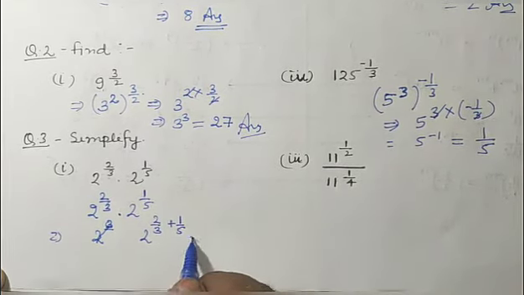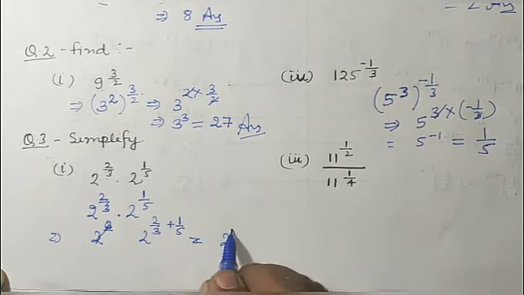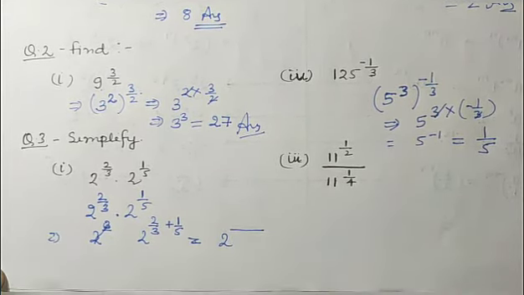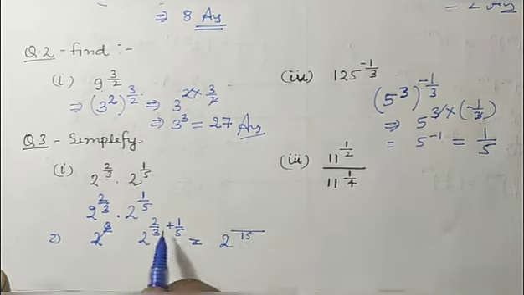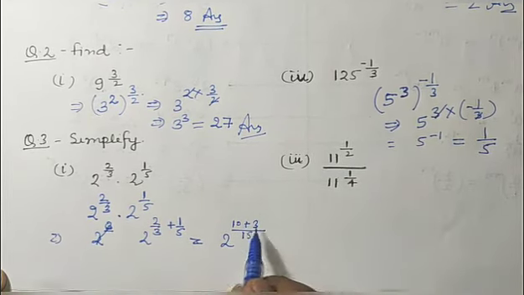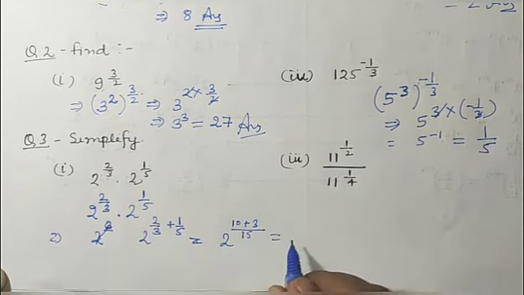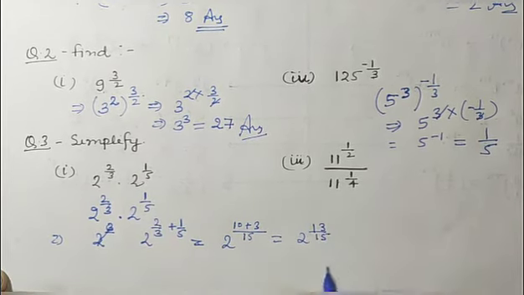You will solve it by taking the LCM. 3 5s are 15, so 15 will be the LCM. 3 5s are 15, so it will be 10. 5 3s are 15, so it will be 3. So 2 to the power 13 upon 15 will be your answer.